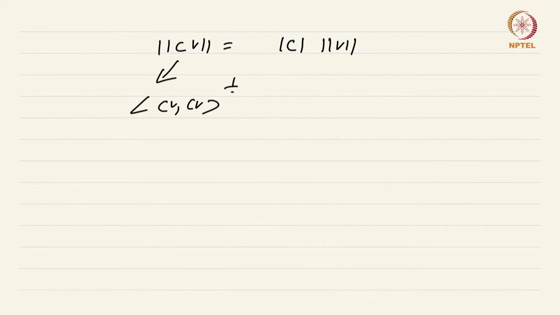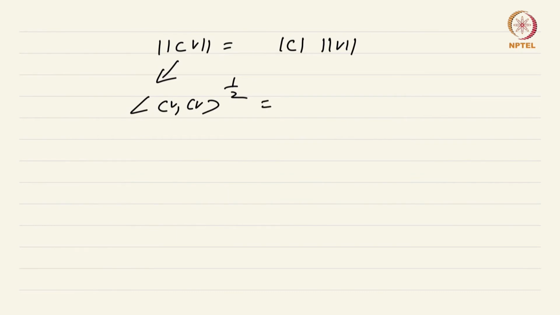So the second property says that we have to show norm CV is mod C norm V. In our case, the definition of norm CV is nothing but the square root of the inner product of CV with itself. Now we already saw that if you fix the second slot, this is a linear transformation in the first slot.